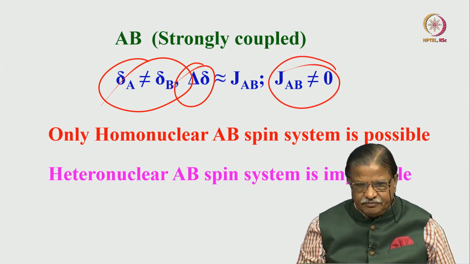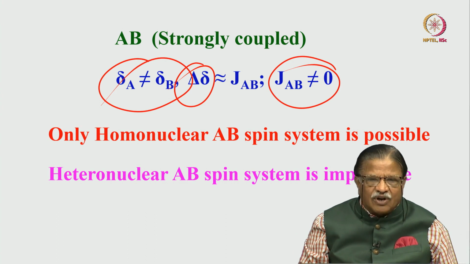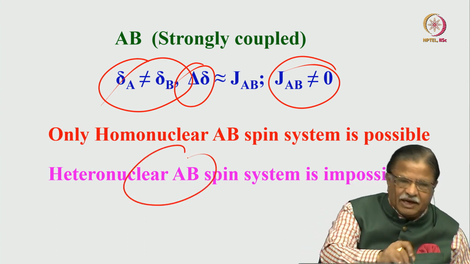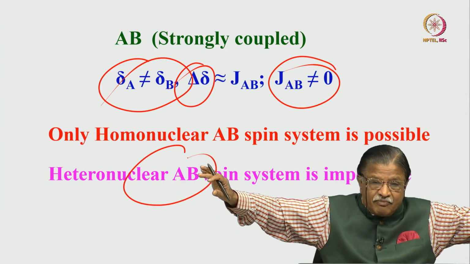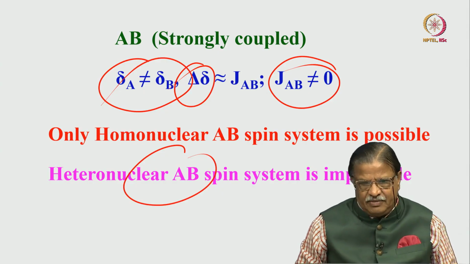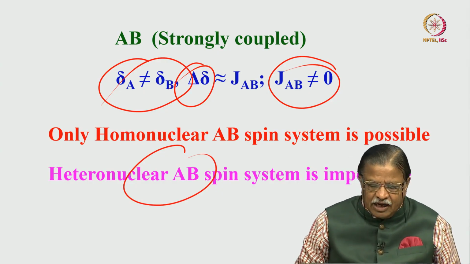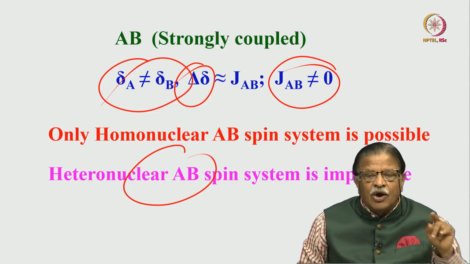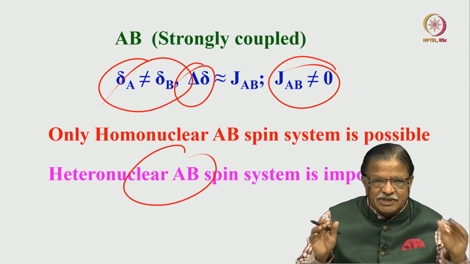If you think of strongly coupled two spins, you cannot get heteronuclear, because the chemical shift separation is of the order of several megahertz compared to a coupling of a few hertz. As a consequence, a heteronuclear AB spin system is impossible to get. You always deal with only homonuclear AB spin systems.